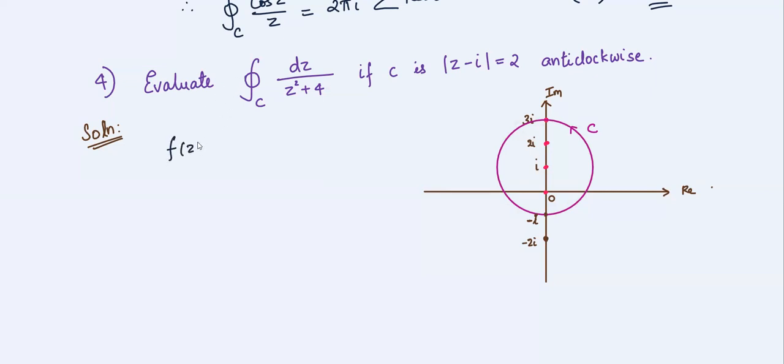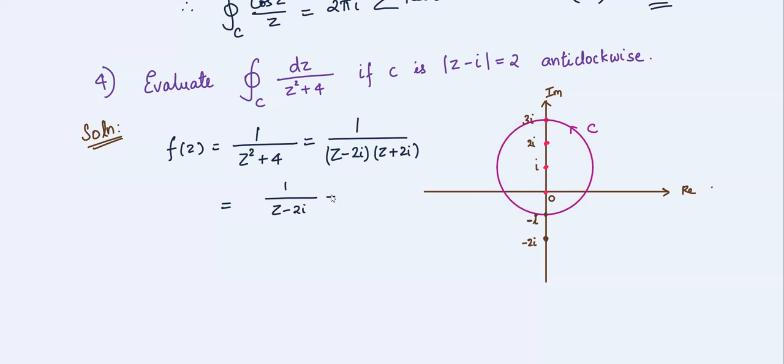f of z is 1 by z squared plus 4, which is 1 by z minus 2i into z plus 2i. And in fact, straight away, we can write this into partial fractions.